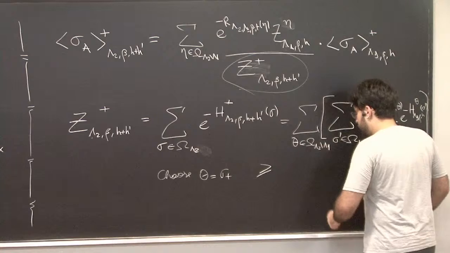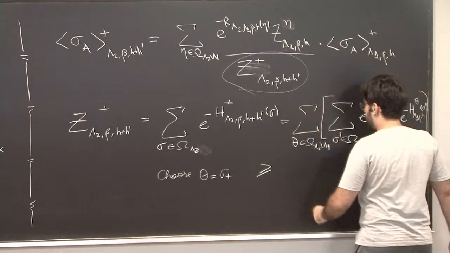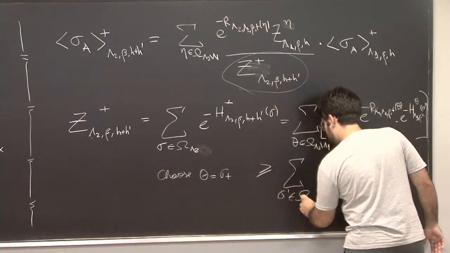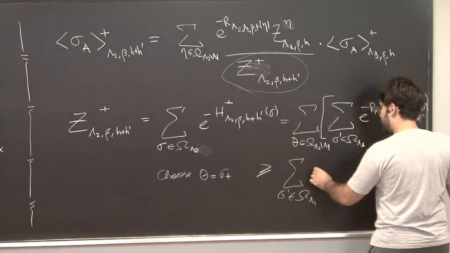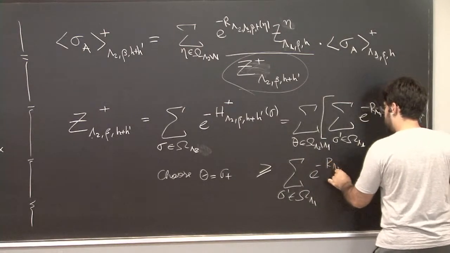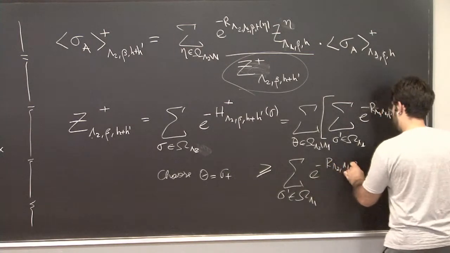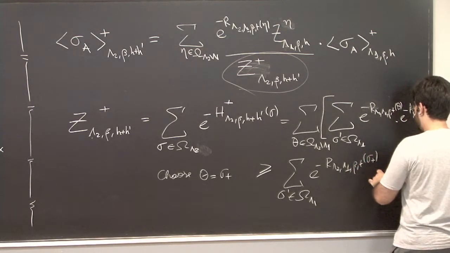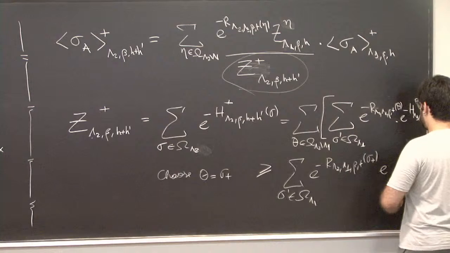So all this sum will be larger than the sum of sigma prime inside the configuration space lambda 1 of the exponential of minus r lambda 2 lambda 1 beta t calculated at sigma plus times the exponential.